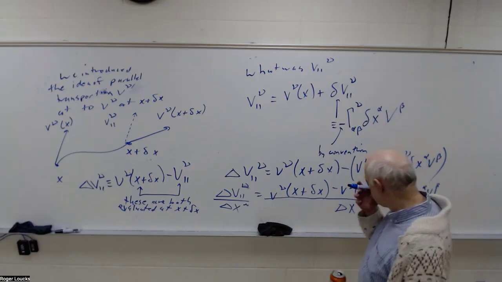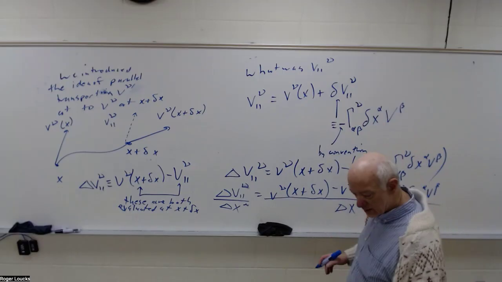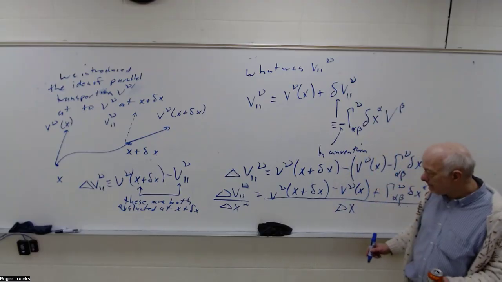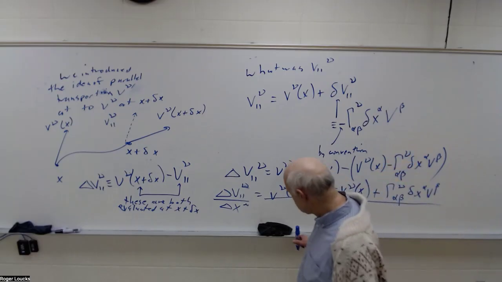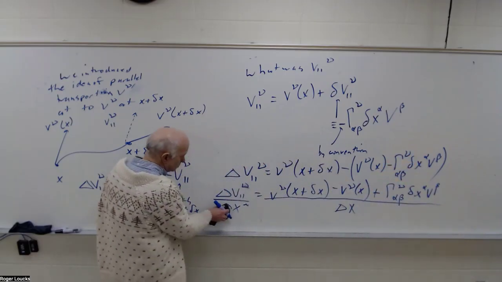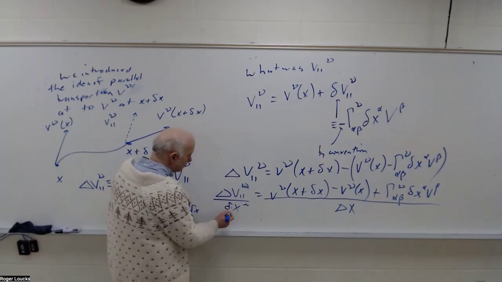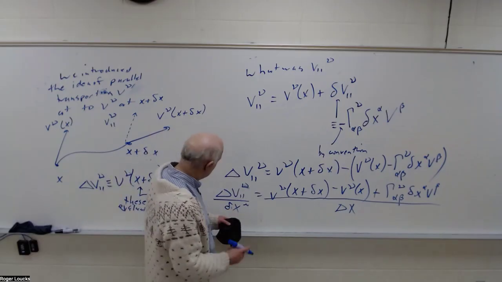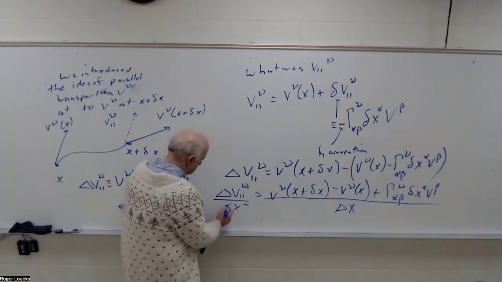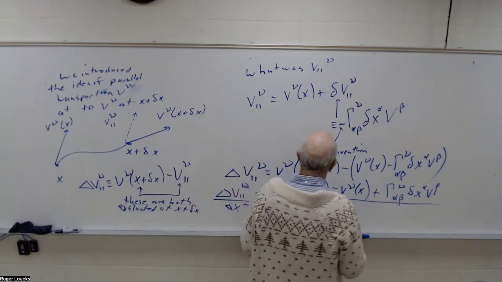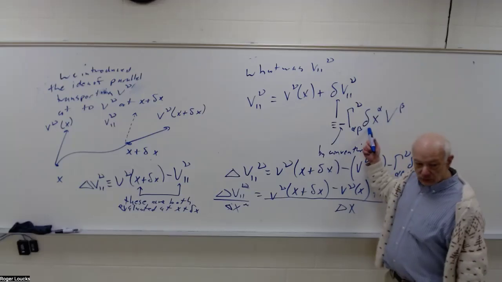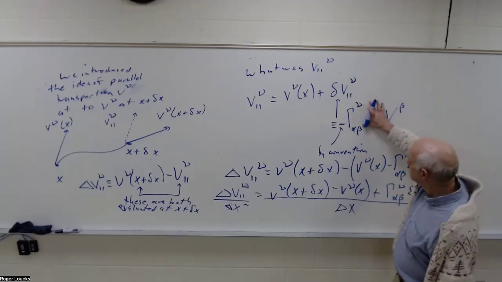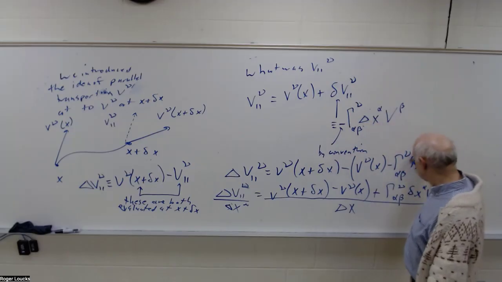I guess I should be... I cannot be entirely consistent here. Okay, that is kind of bad notation. I'll put a delta here. Mind if I just scratch this delta up here? Capital delta. I apologize for that.